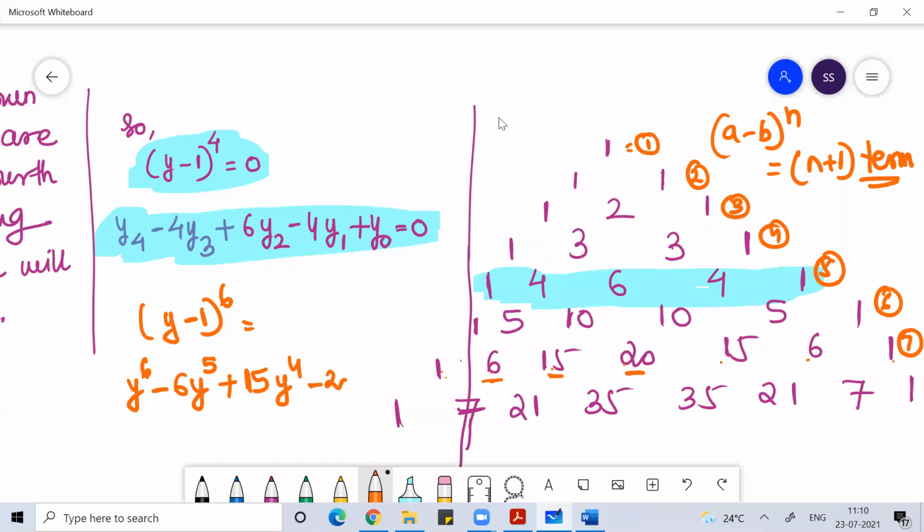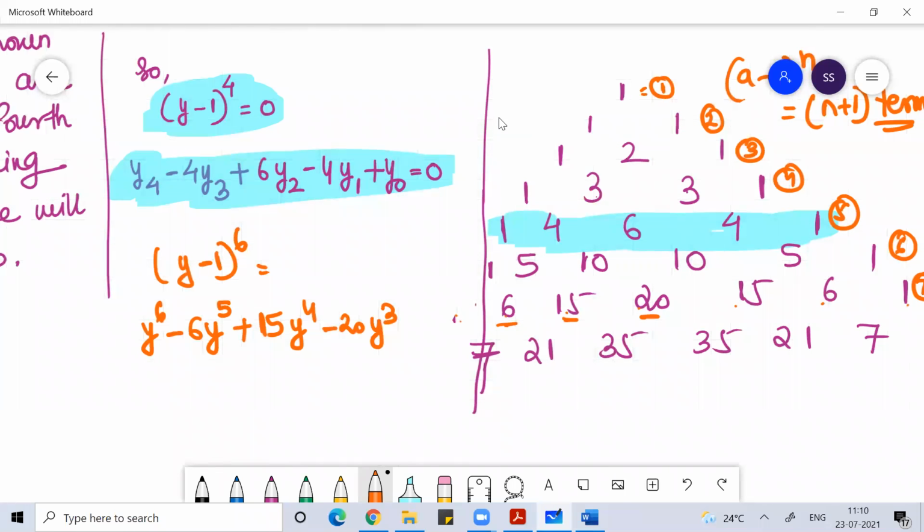After that 20 y to the power 3, then plus 15 y to the power 2, then minus 6y, then plus 1 to the power 6. You're getting it, right? So the same logic you need to use here.